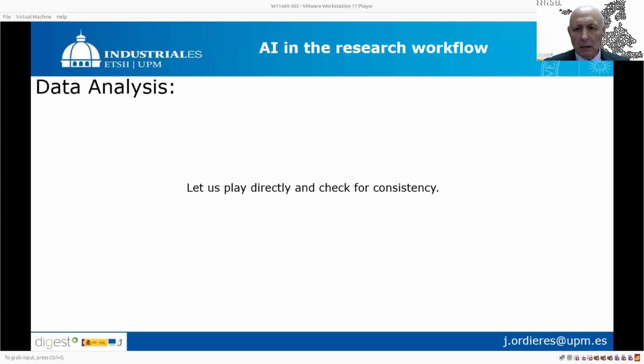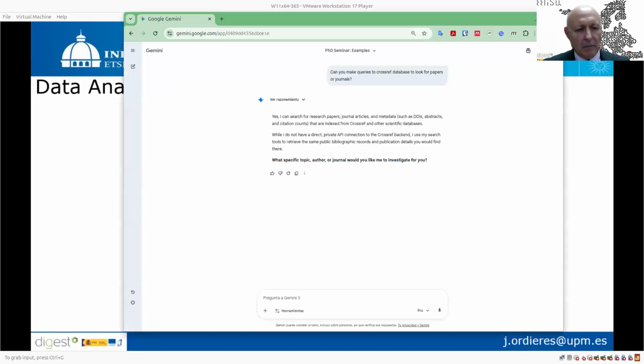Let's see. I'm sorry. This was not what I wanted to share. I wanted to share this element here. Yes. Maybe you are able to see it. It's a Gemini interface.